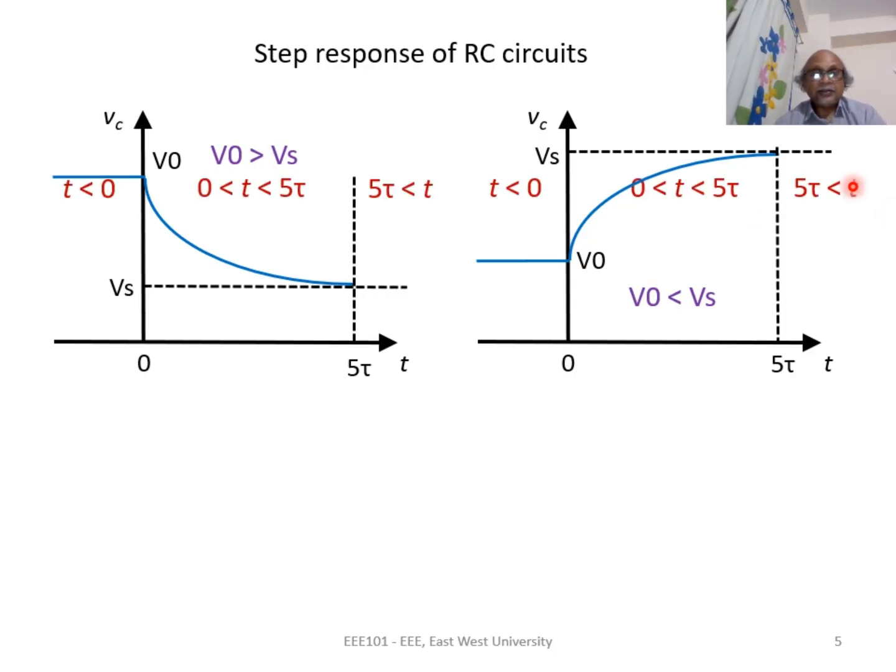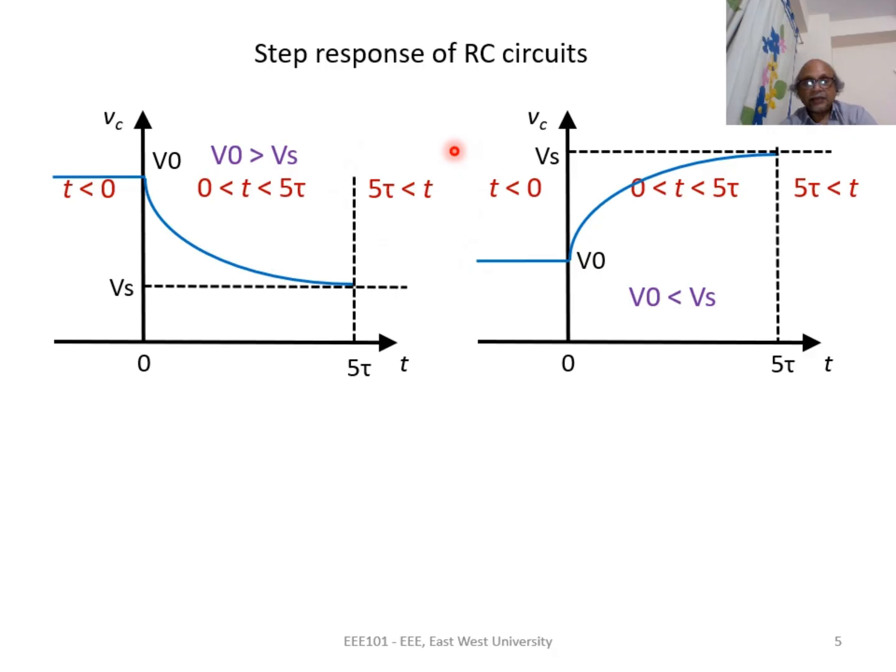And remember, we can divide the different times for both graphs into three separate time zones. The first time zone is t less than 0. We have that time zone here as well as here. The second time zone is when t is between 0 and 5 tau in both graphs.